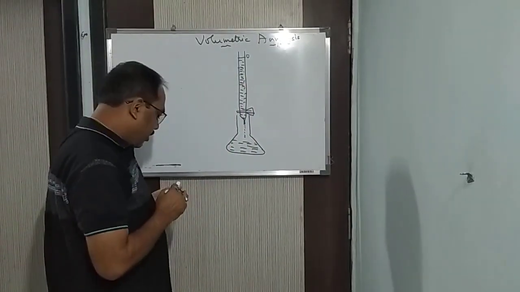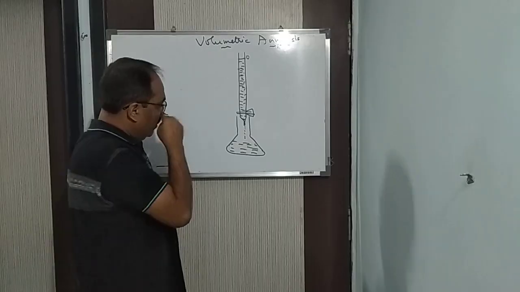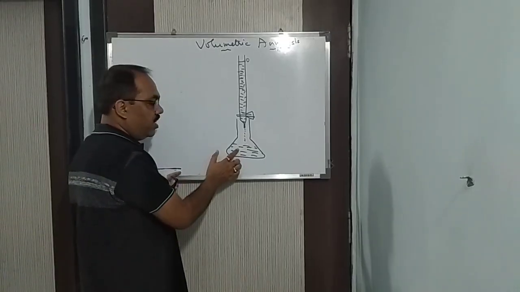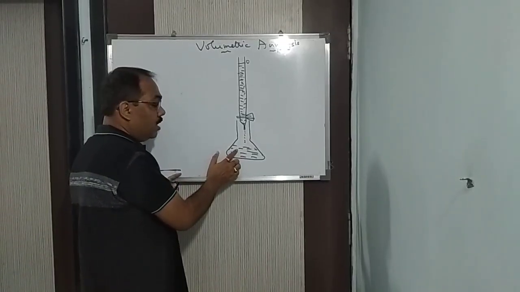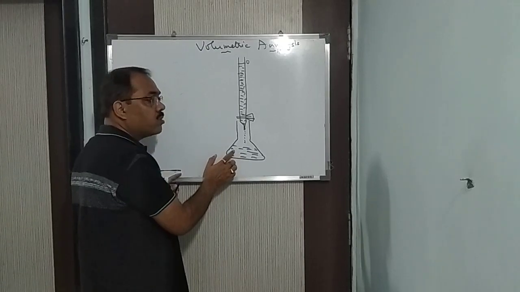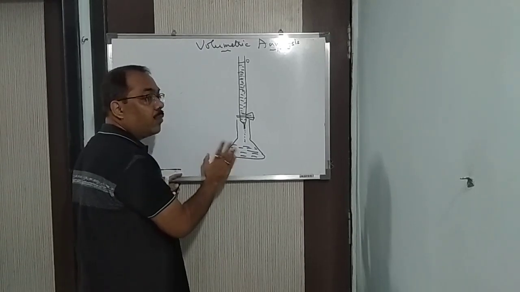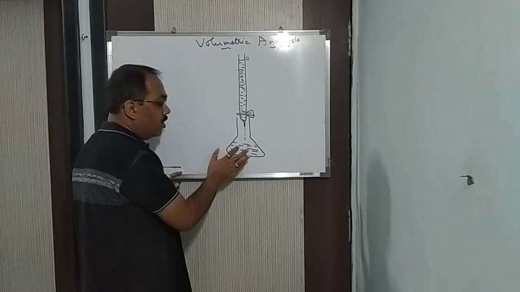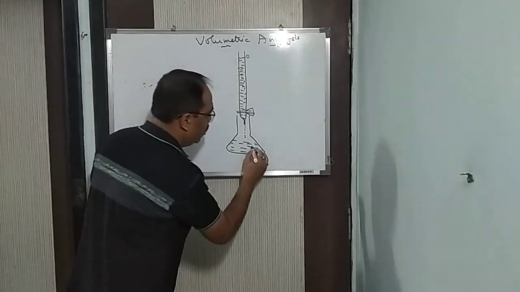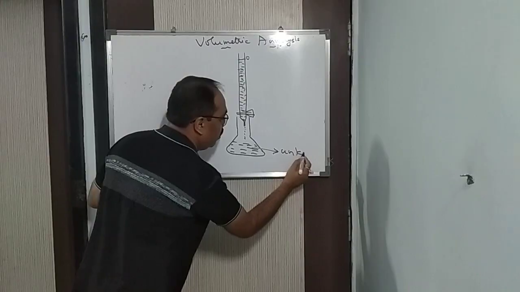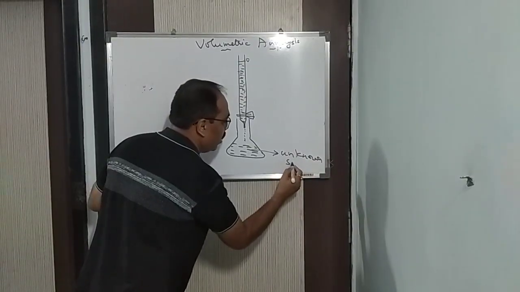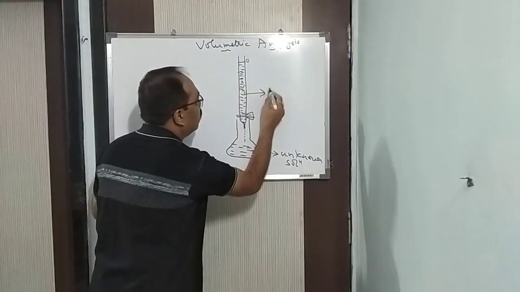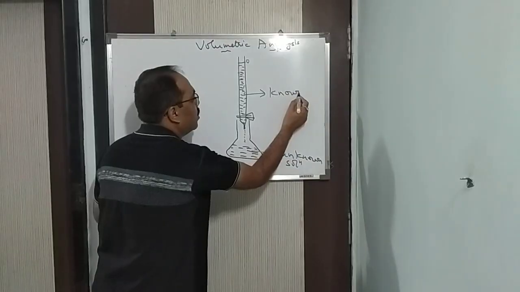So basically, the solution in the titration flask is the unknown solution. Unknown means the one whose concentration we have to determine. And this is your known solution, whose concentration you know.